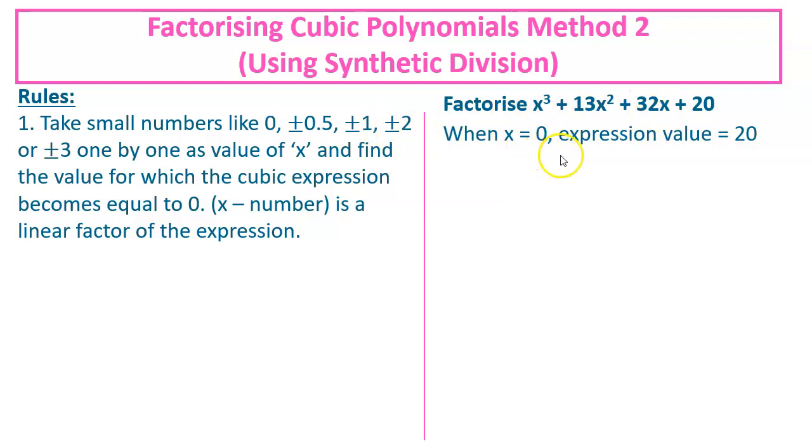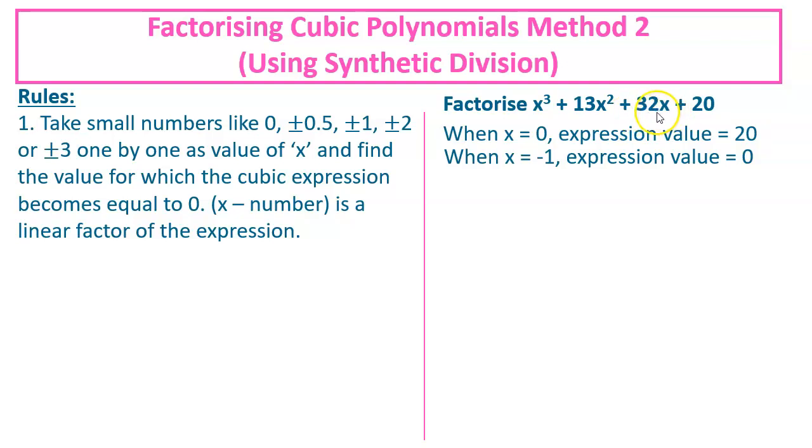So I have tried minus 1. When x equals minus 1, what happens? Minus 1 to the power of 3 is minus 1, and minus 1 whole square is plus 1. So it is 13 minus 1, which gives us 12. This is 32 times minus 1, so it is minus 32.